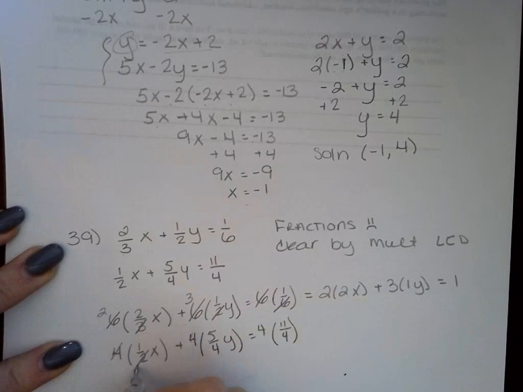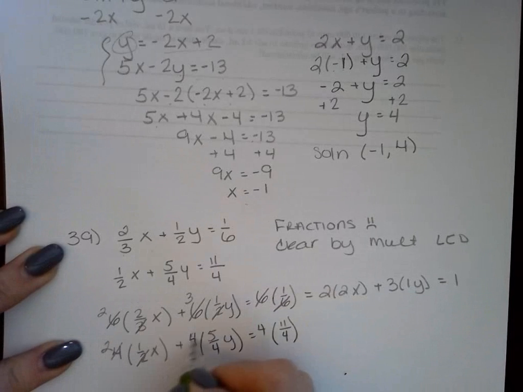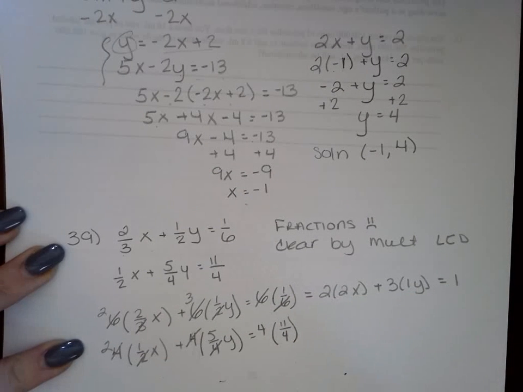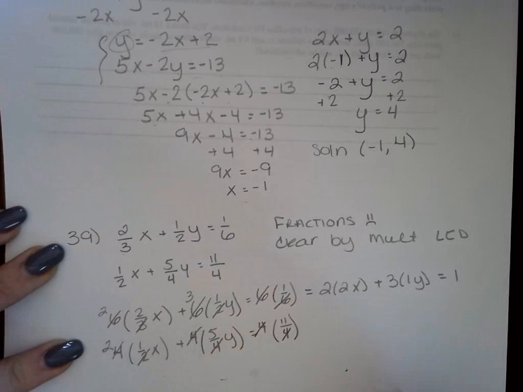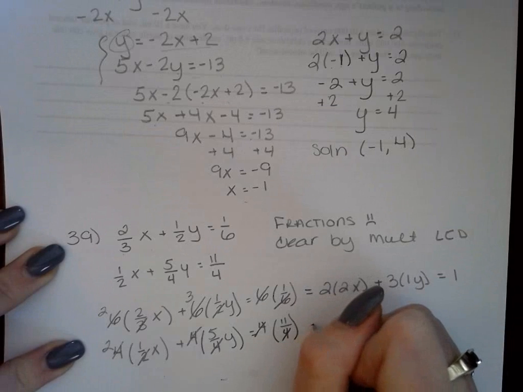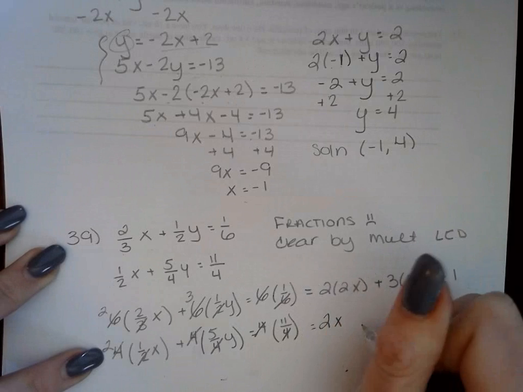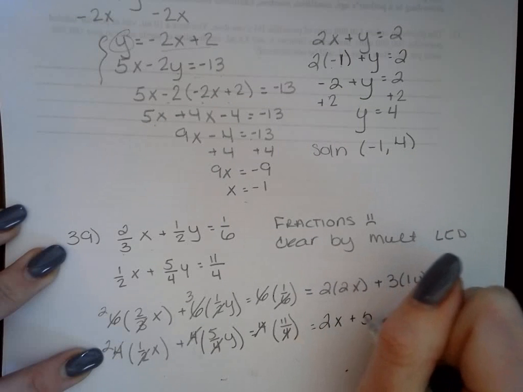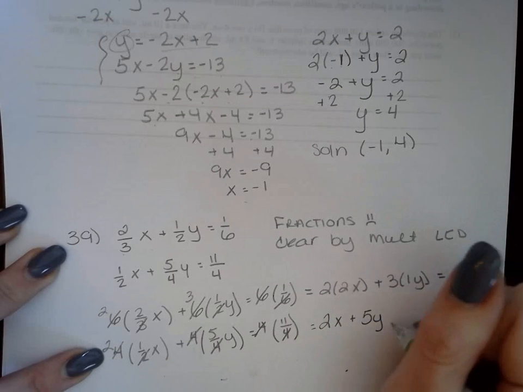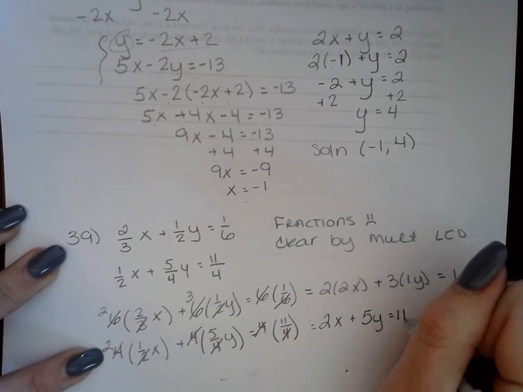So 4 and 2 have a common factor of 2. 4 and 4 have a common factor of 4. And 4 and 4 have a common factor of 4. So we are left with, for our second equation, 2x plus 5y is equal to 11.